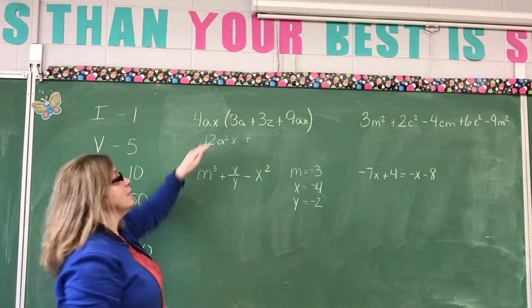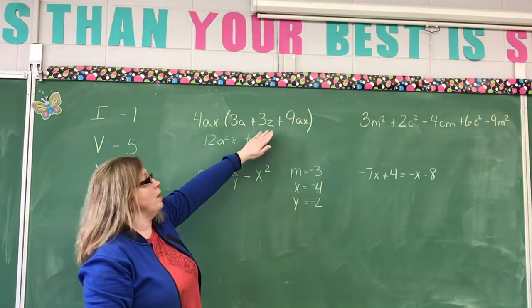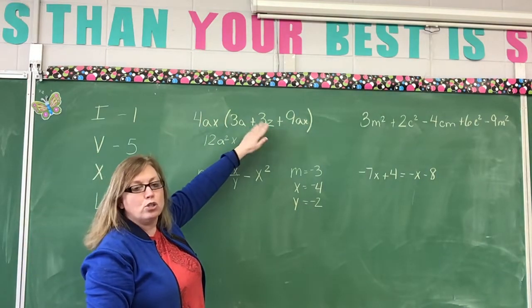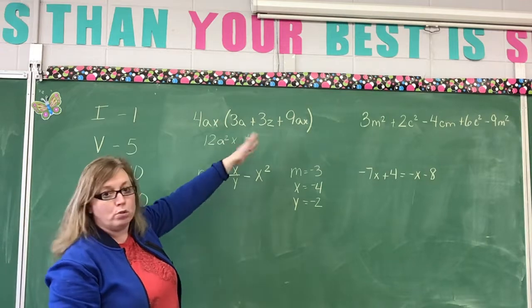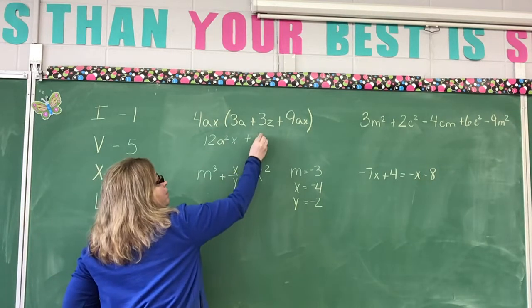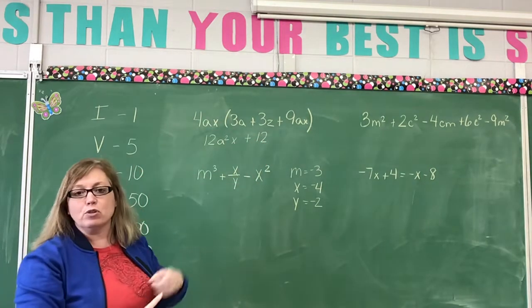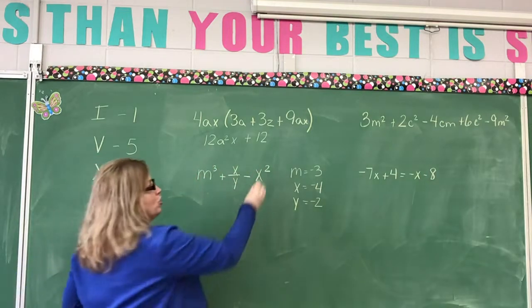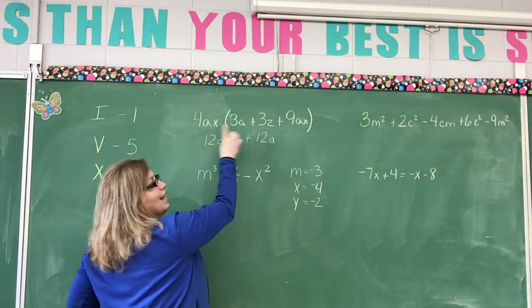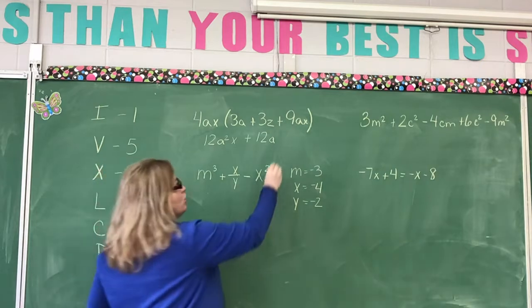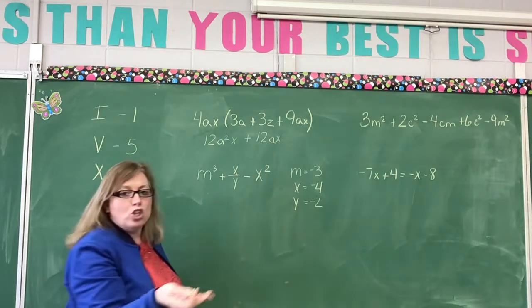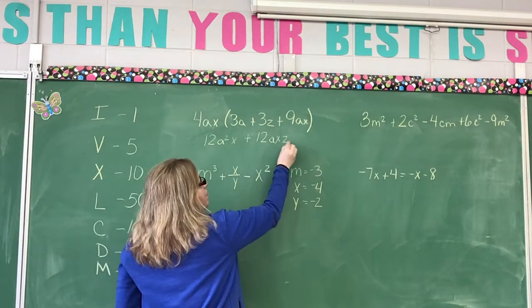Plus, now we're going to take 4ax and multiply it times 3z. So 4 times 3 again is 12. There's nothing, you say a times nothing, so that's just the a. X times, there's no x's, so we just write x. And then there's no z, so we write z.